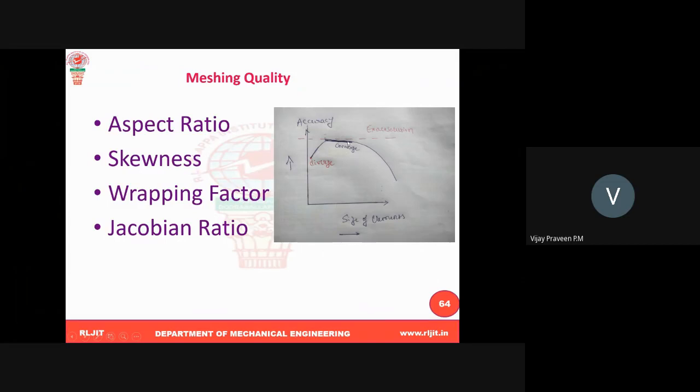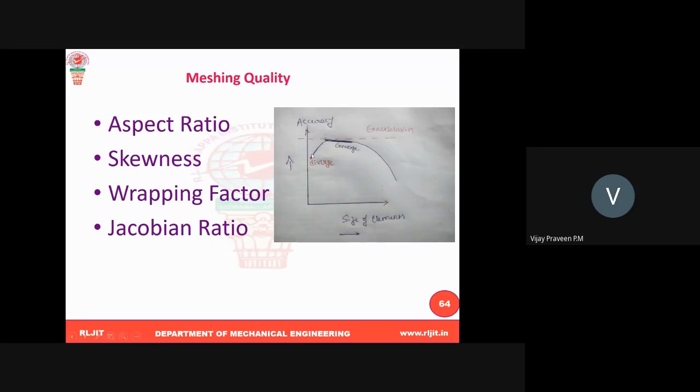That means as the size of the element becomes smaller and smaller, your results will converge to the exact solution. As we further reduce the size of the element, what happened? Results will be what happened?